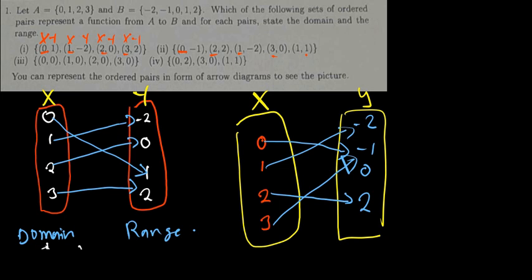Why? Why is it not a function? Okay, you just know that it's not a function, but you don't know the reason. Two values of what?